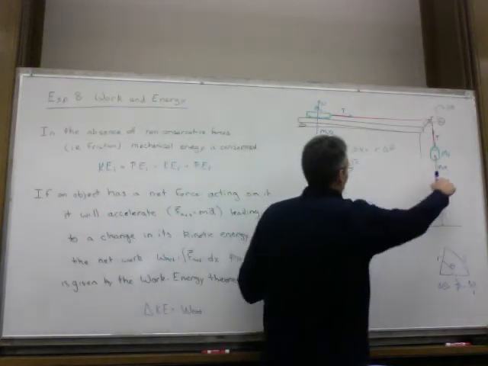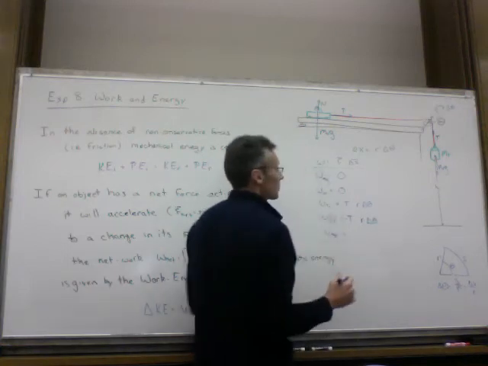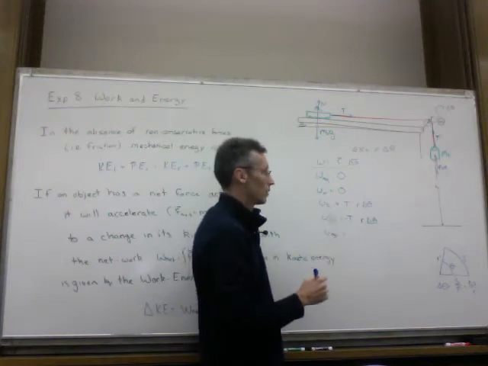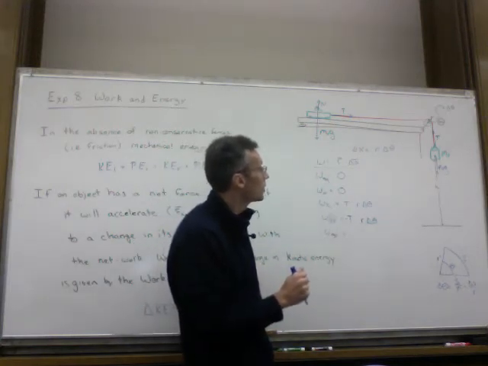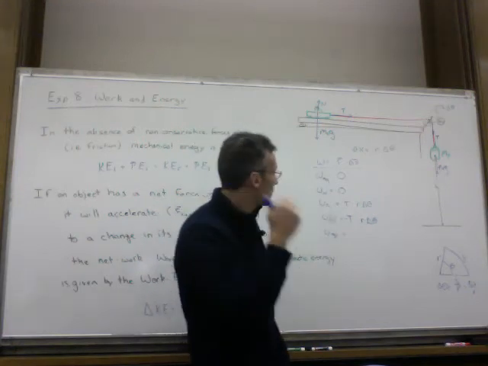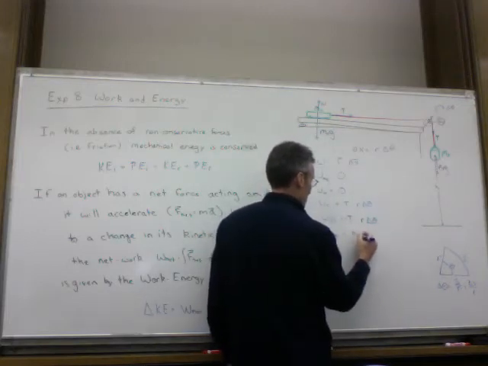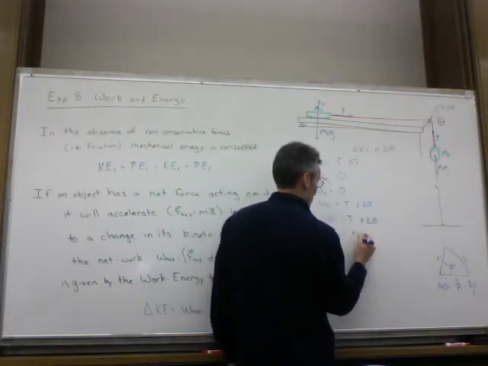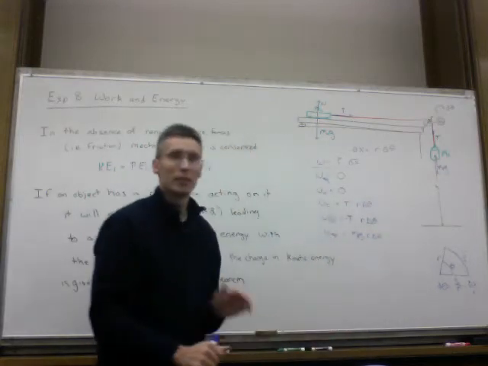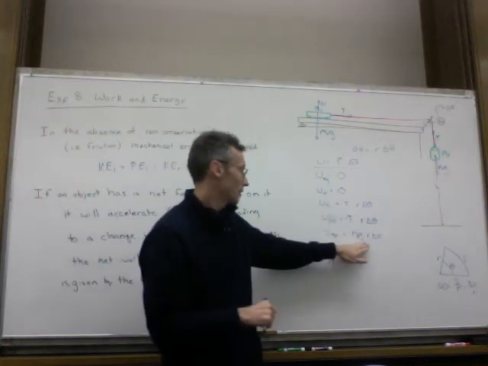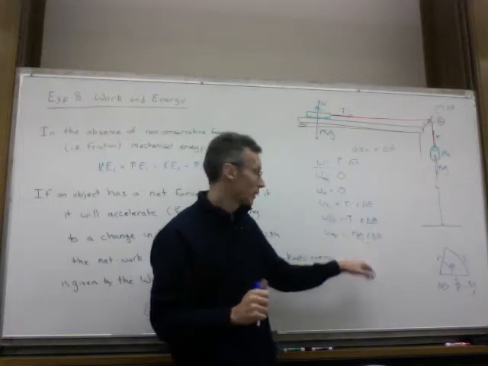And then the work done by gravity on the falling object. What is that? Here's the force. The displacement is r delta theta, and what's the angle between them? 0. So is this positive, negative, or? Yeah, that's positive.